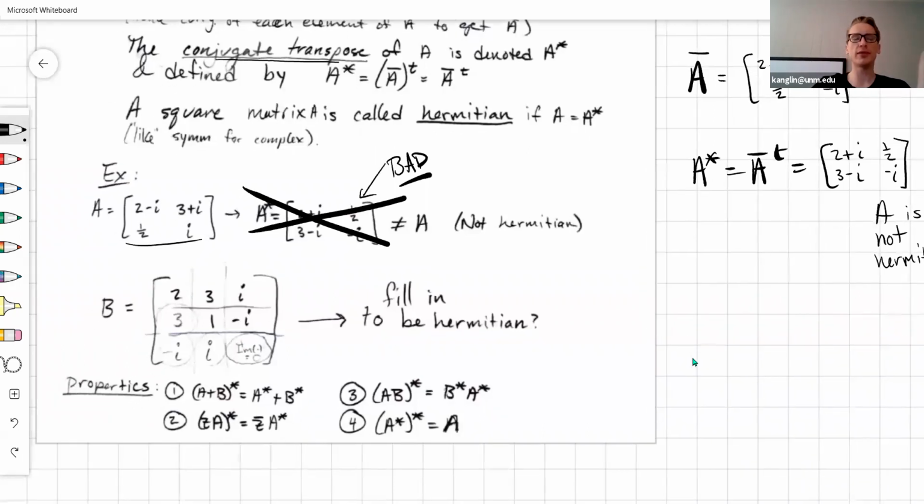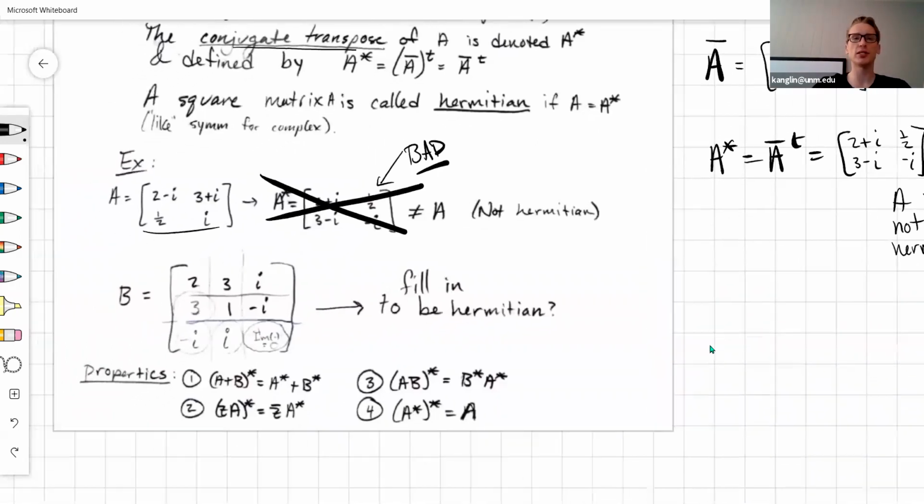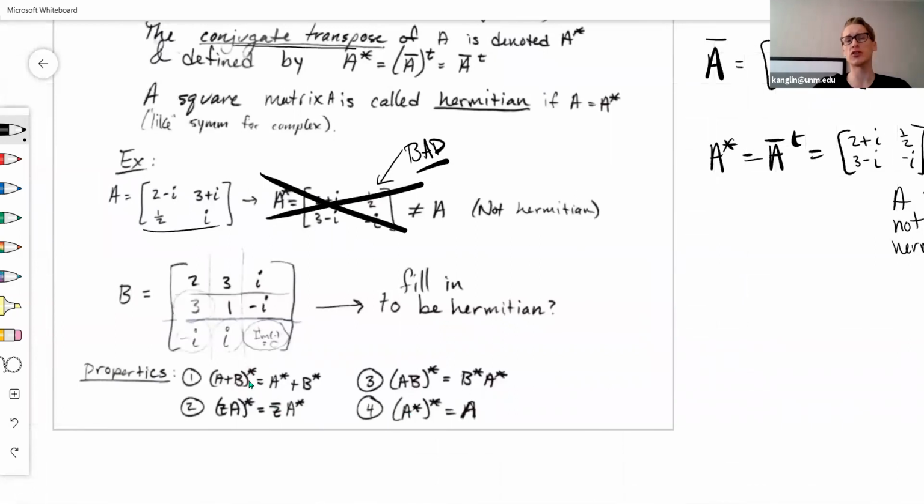Some brief properties about these conjugate transposes. If you have the conjugate transpose of a sum, that's the same as the sum of the 2 individual conjugate transposes. It's kind of like it distributes. The conjugate transpose of a product works the same as the transpose, right? It reverses the order, but can be applied individually to the matrices.